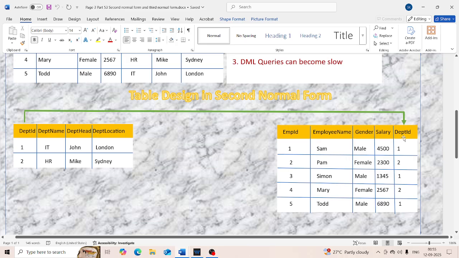So now this table design is in second normal form. Obviously we don't have disk space wastage.